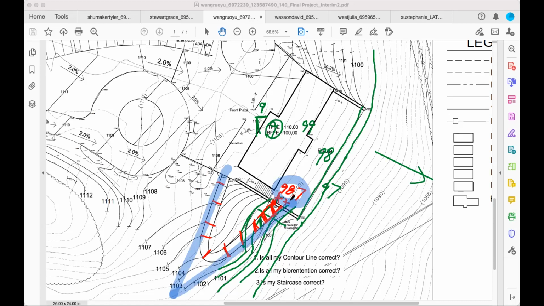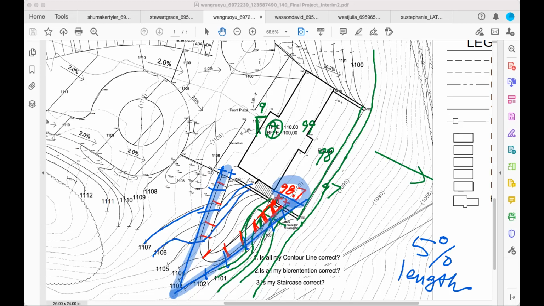Basically, you would calculate that spot, and those differences between your 98.7, and you use 5% to determine the length. And you draw a polyline that's exactly that length, and you find out where these contours should be, and then you connect them to the existing contours. Not existing, proposed contours. Does that make sense? Yes. And it will look something like this.